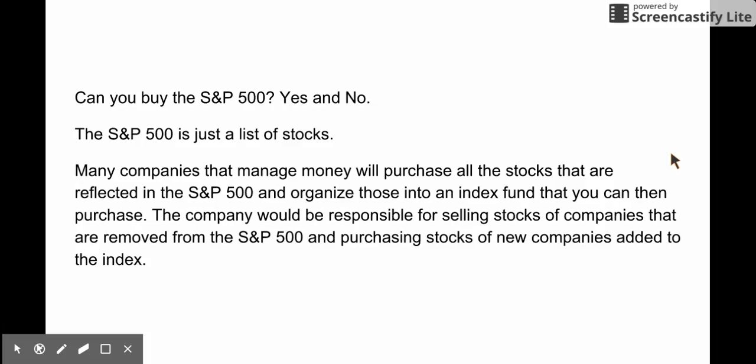And I'm sure they have a computer program set up to do this, and that company will have to buy and sell the stocks as they're added and removed from the S&P 500 for that fund to correctly reflect the S&P 500.